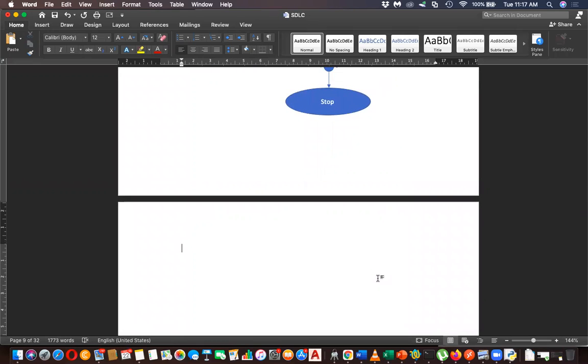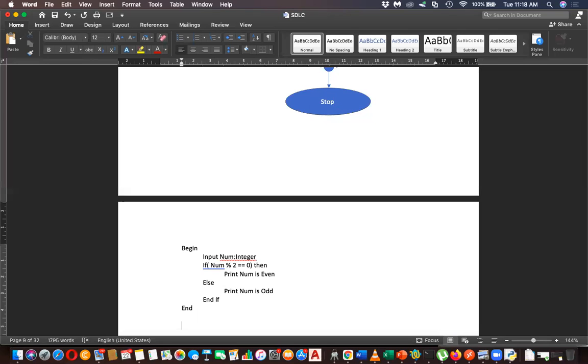Then input integer num. Then if num modulus 2 is equal to 0, meaning after dividing the remainder is 0, then print num is even, else print num is odd.